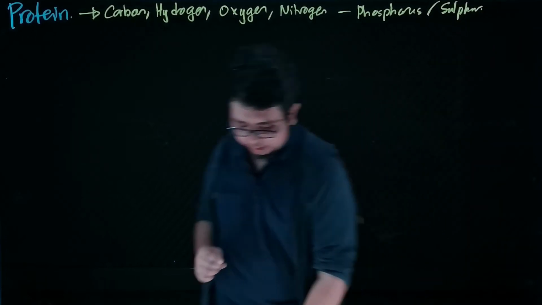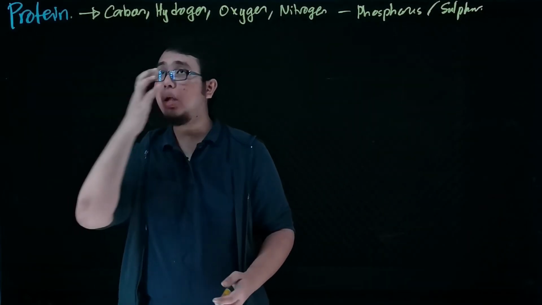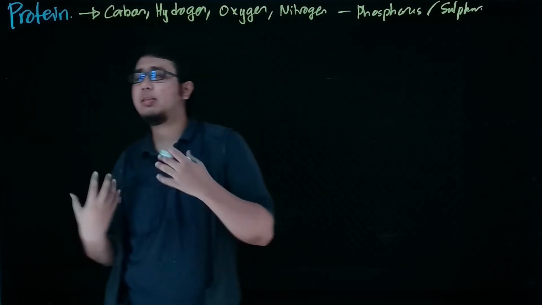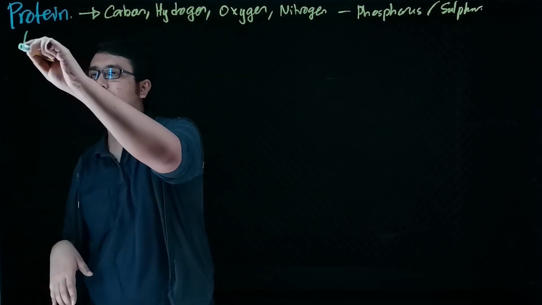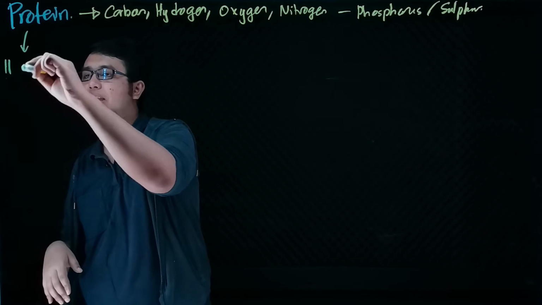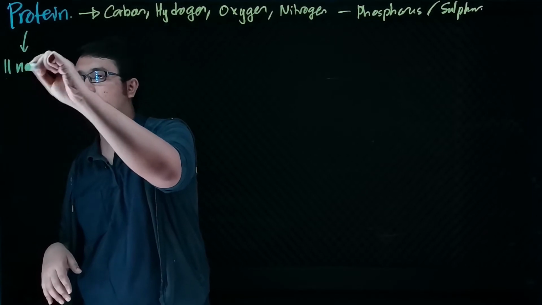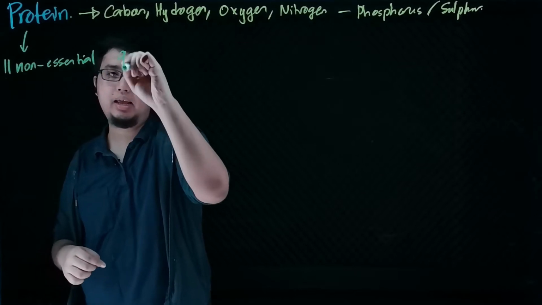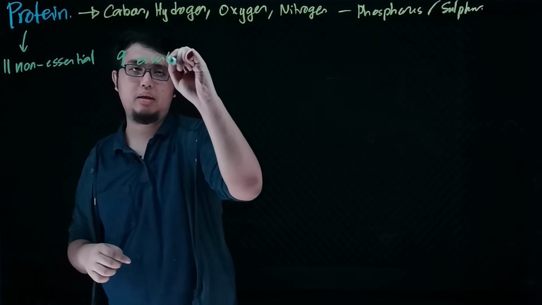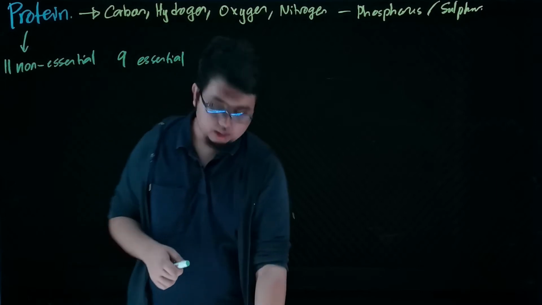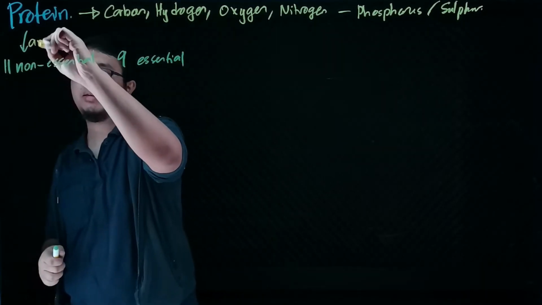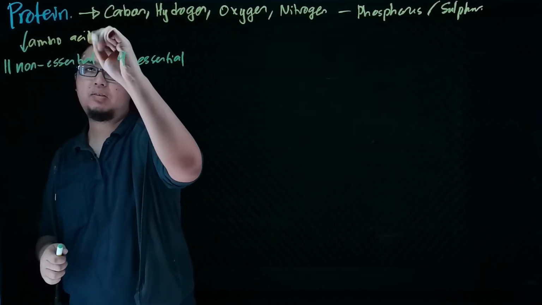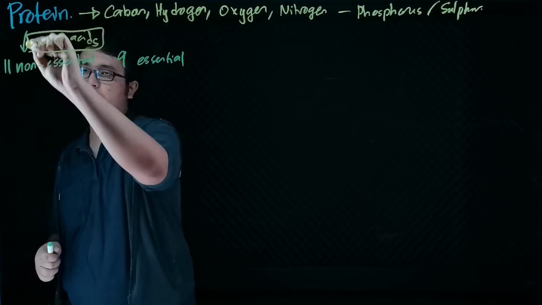So what happened here is that for the protein molecule, inside our body, we have 11 non-essential and 9 essential. What does this mean? This is for amino acid. This is the subunit of the protein, right?